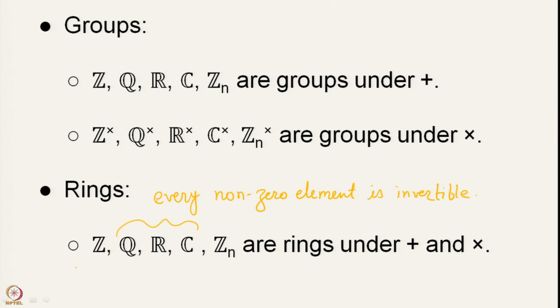Whereas in Z we have the element 2 here, which is not invertible although it is non-zero, and here if n is composite, then we get non-zero elements which are not invertible.